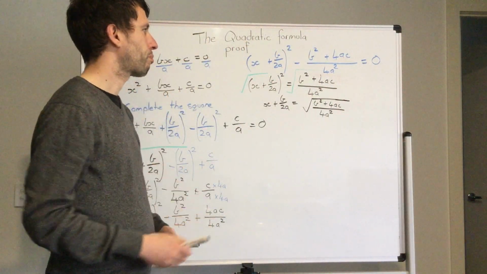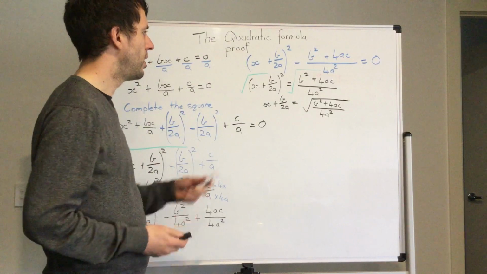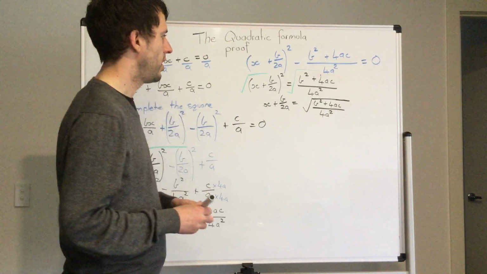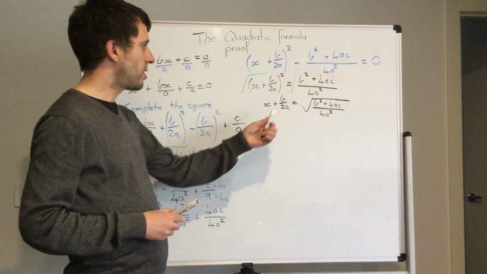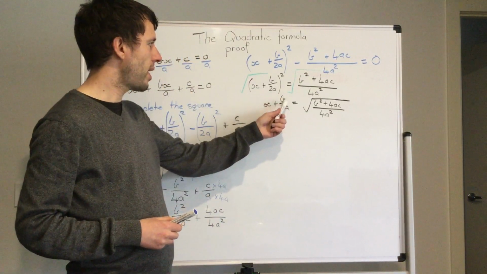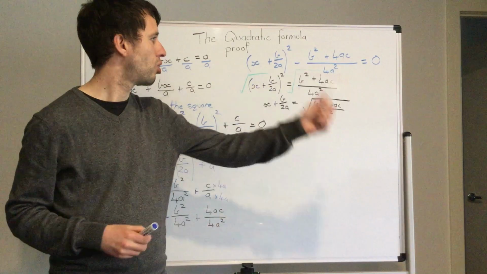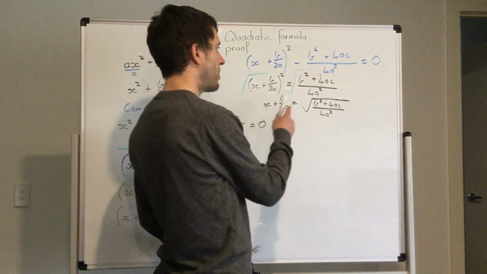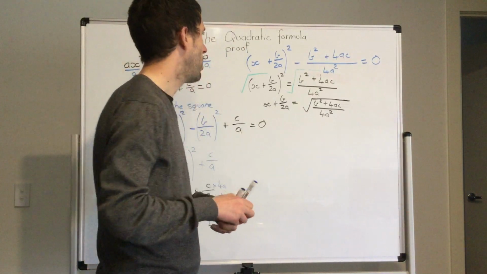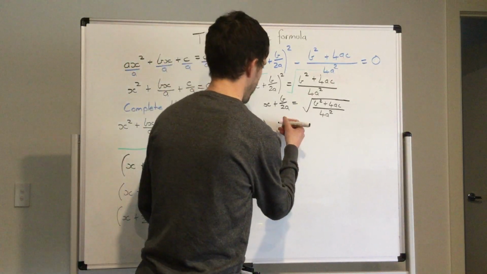Almost there. Okay, now the next part of this is we want to get x by itself. So to get x by itself, I'm going to take b divided by 2a to the other side. So that means we're taking it away. So x is by itself.